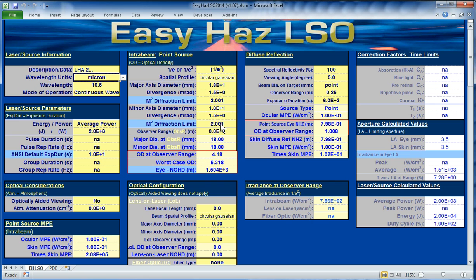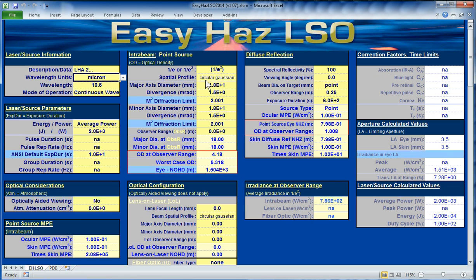Notice that even though the observer range is set at 0, which would be the smallest part of the beam or at the beam waist, we only have an OD value of 4.18 as compared to the worst case, which is 5.3. Quickly mention NOHD is 1504 meters.